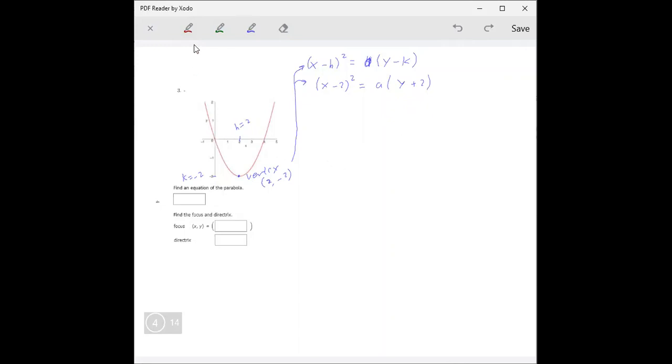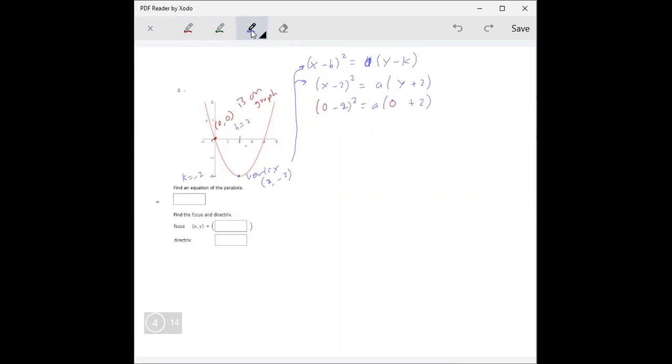Okay, now we also know that it goes through the point 0, 0 right here. That's on the graph. That means that if I put 0 in for x and 0 in for y, then this should still satisfy the equation.